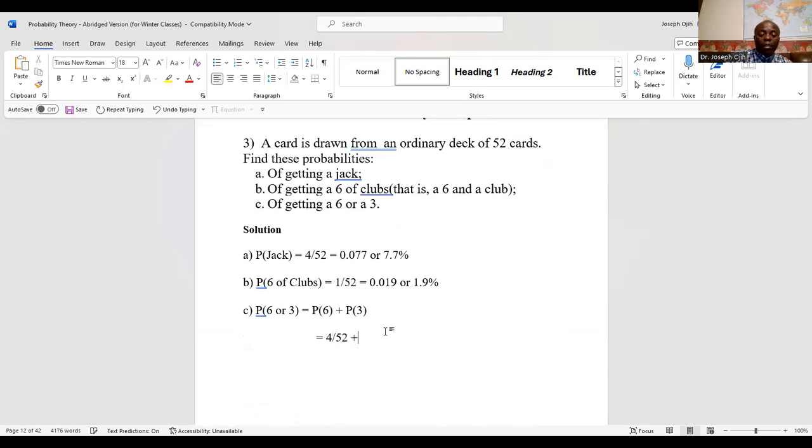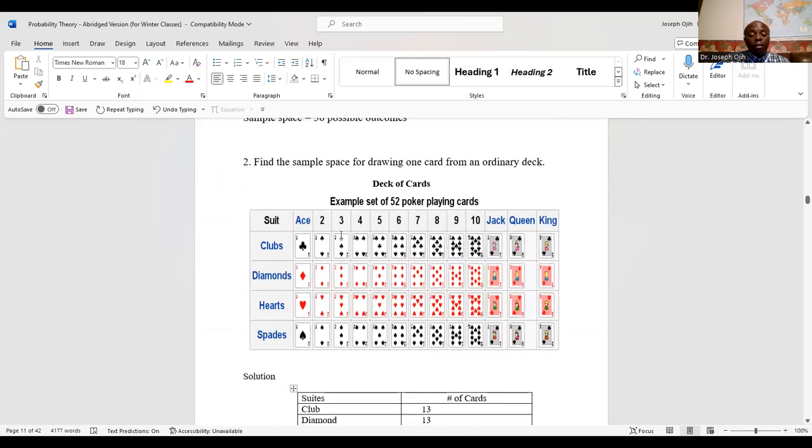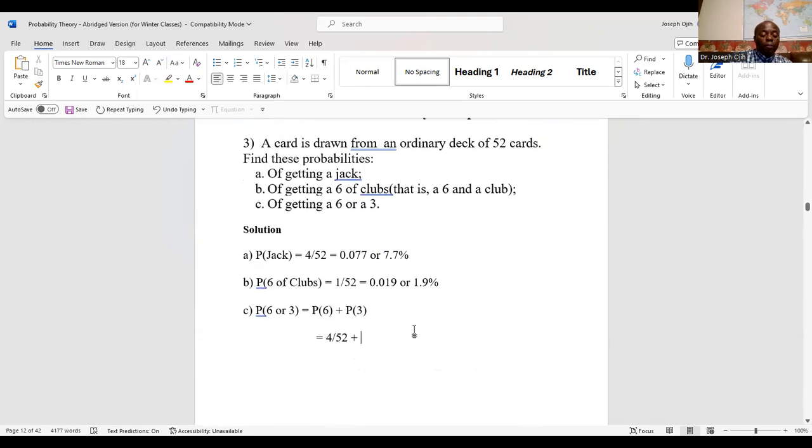How about 3? You go back and see the 3 right here. How many cards have 3 on them? That's 1, 2, 3, 4 of them again. So 4 out of 52.